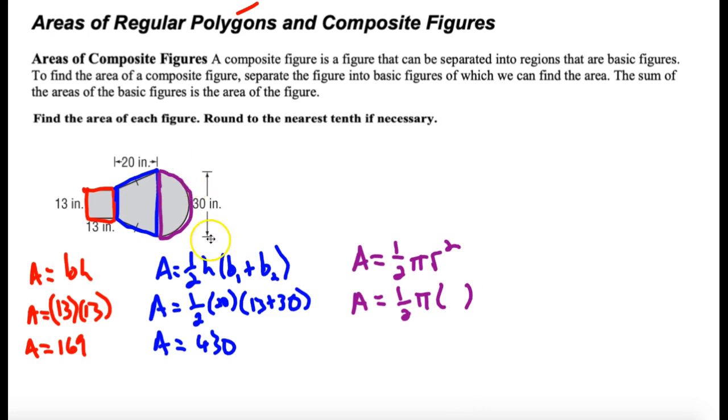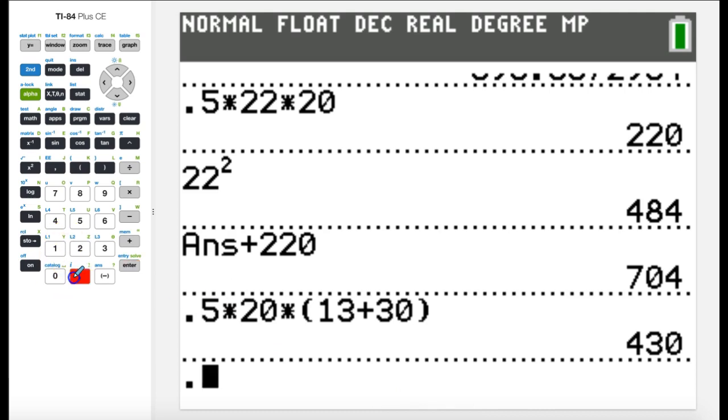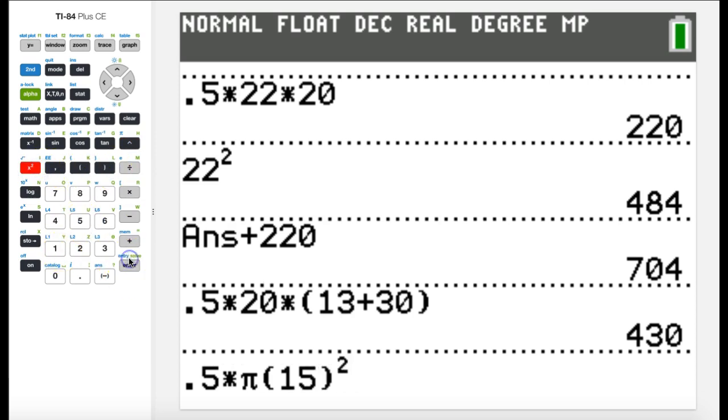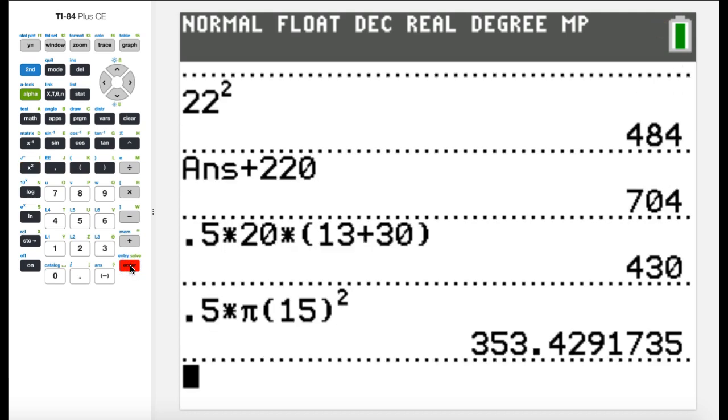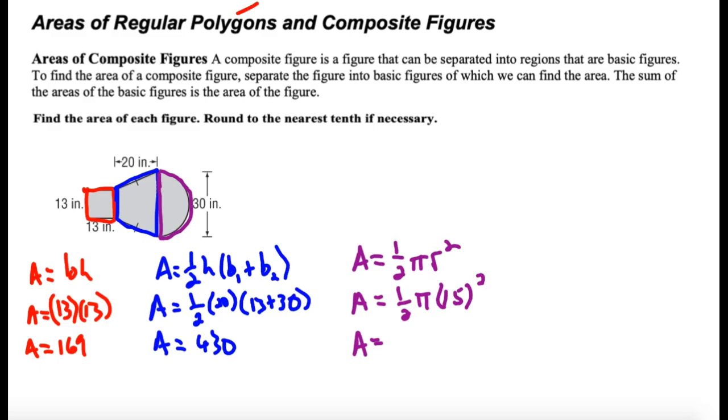Now we're given the diameter is 30, so that means the radius is half of that, so 15. And 1/2 times pi times 15 squared gets me 353.4.